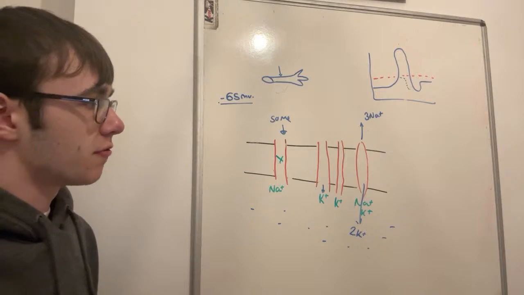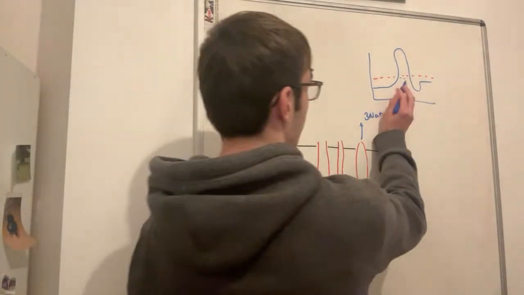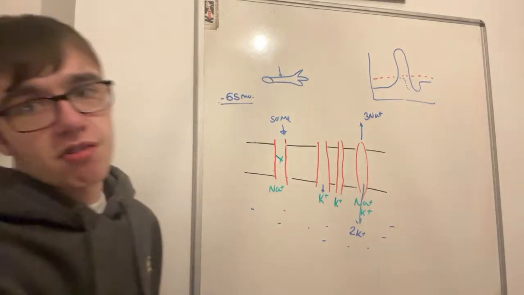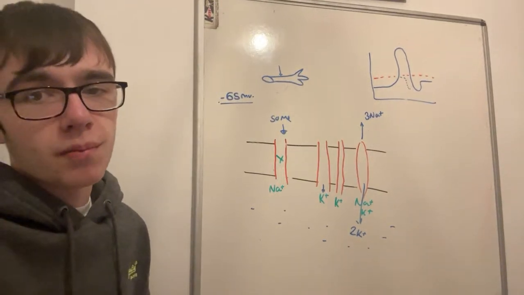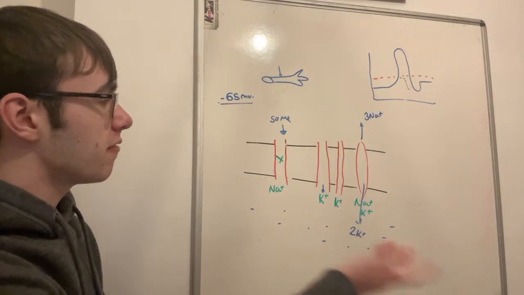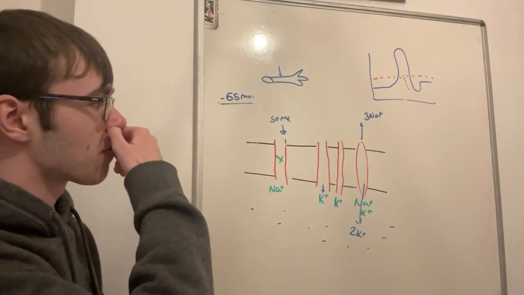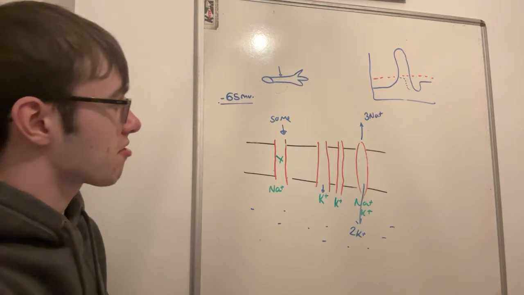So it's this idea that if a stimulus is insignificant, then it's just going to return to the resting potential. And if it is a significant stimulus, the all or nothing principle will enable this to happen.